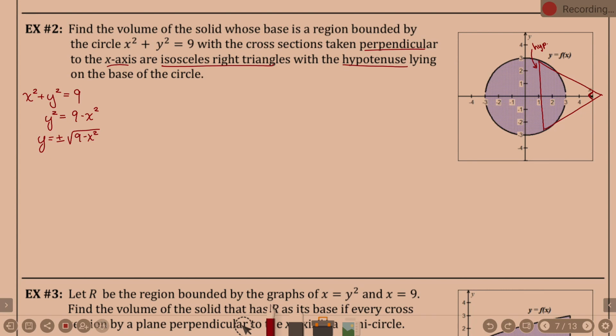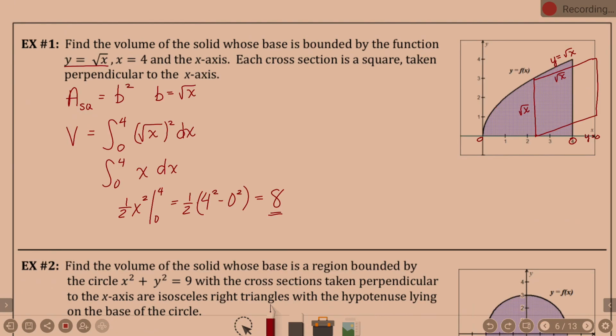Now, I'm going to take my triangle and draw it here because I need a triangle that I can work with. Here's my right angle. There's my hypotenuse that's laying on the circle. I didn't talk about this last time, I probably should have, but we talked about the distance on the last one being 0 to the square root of x, keeping in mind that square root of x is also equal to y, right?